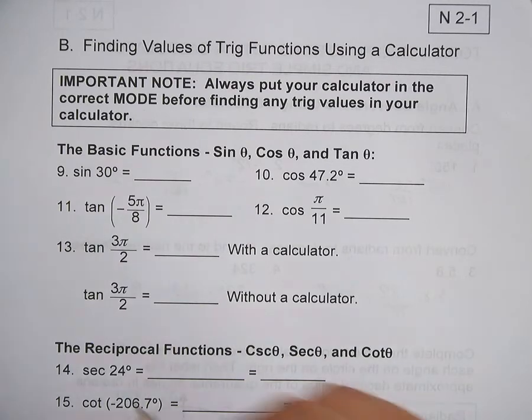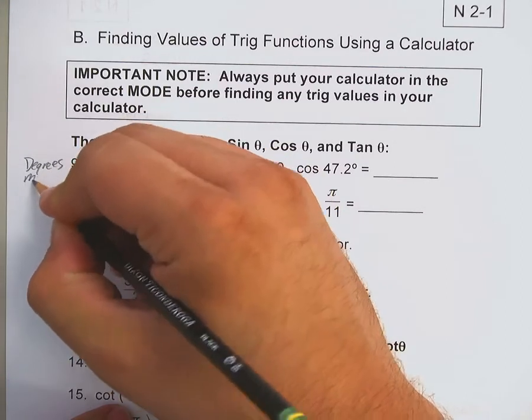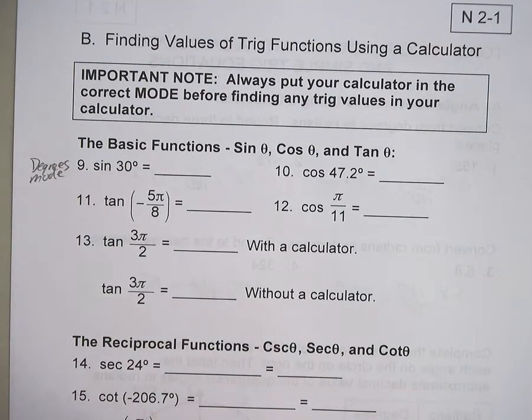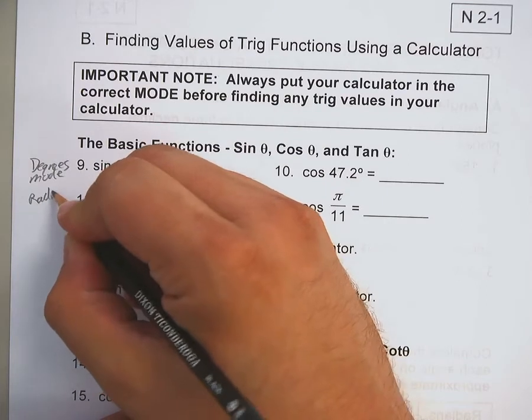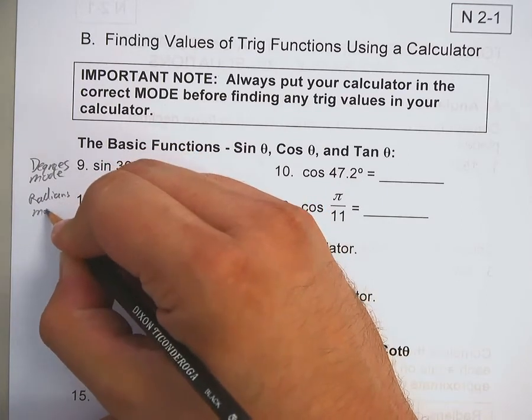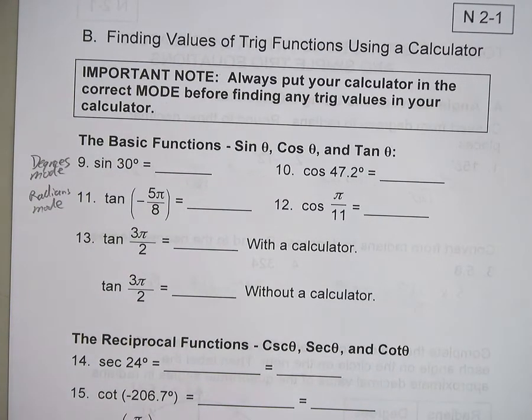We call that degrees mode. 11 and 12 are in radians, so we call that the radians mode. Because you've got to tell your calculator if it's in degrees or in radians.